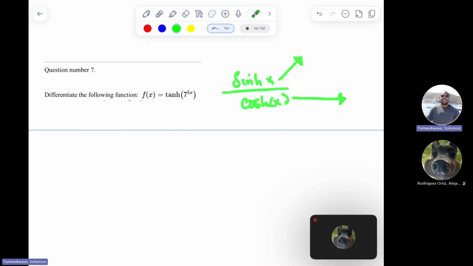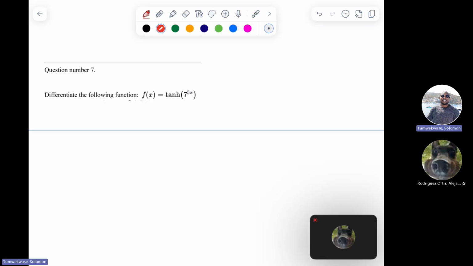This guy in terms of the exponential, I know what it is, right? So I can do that and then divide the two of them. And then after that, each of them has that angle. And then I can take the derivative. But you realize how that can be a little hectic.